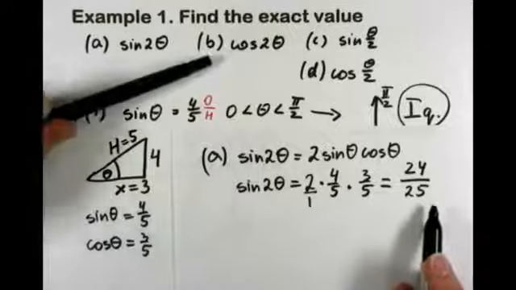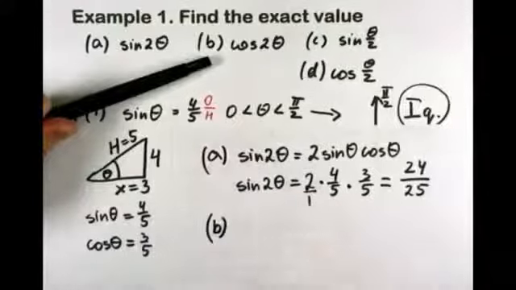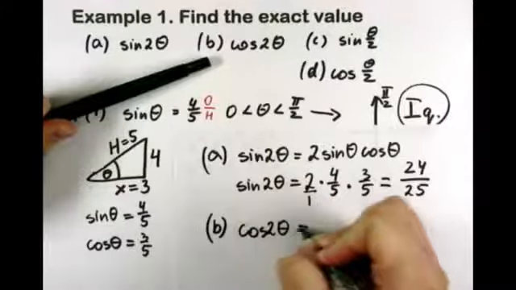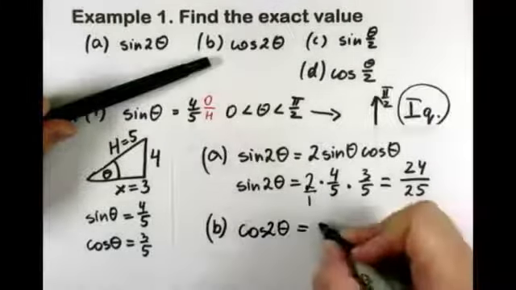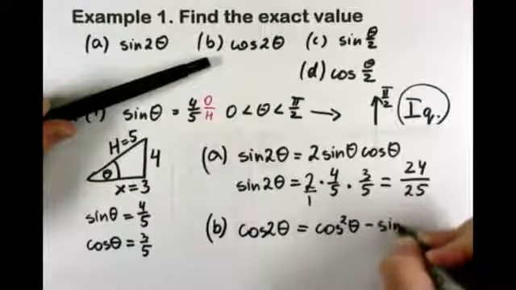Similar way I'm doing B. Cos 2 theta. From the double angle formula, we know that this one is cos squared theta minus sine squared theta.